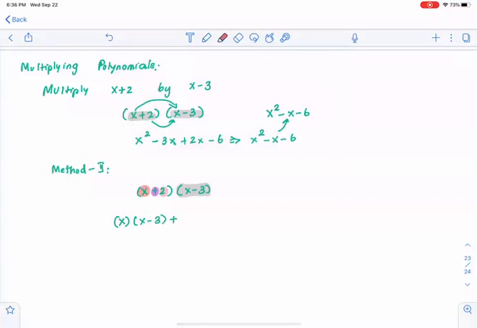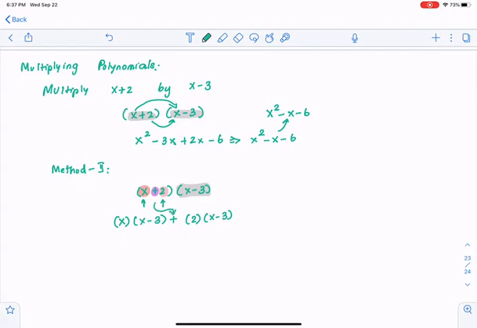Take the second term and multiply with the second polynomial. So all we are doing is simply distributing the x with the second polynomial, the 2 with the second polynomial, and we are putting the sign plus over there.